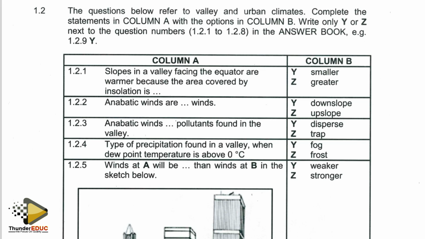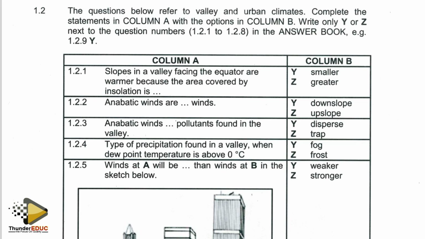And if you are looking from the northern hemisphere's perspective, we are looking at south-facing slopes in the northern hemisphere. Those are the ones which are facing the equator. So we tend to find that they are warmer generally, because the area covered by insolation is greater. There is greater coverage of that slope by insolation because they face towards the direction of the sun.